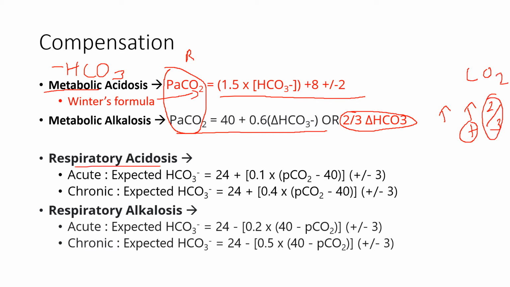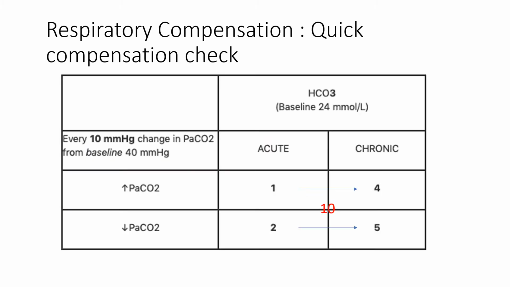Next, we have respiratory acidosis and respiratory alkalosis. The thing to know about the respiratory conditions is that you calculate bicarb now, right? We're compensating with metabolic changes, and there's different values depending on acute or chronic. Now you can memorize each one of these formulas to try to predict the compensatory bicarb level that you'd expect, or you can use this handy little diagram here for respiratory compensation.